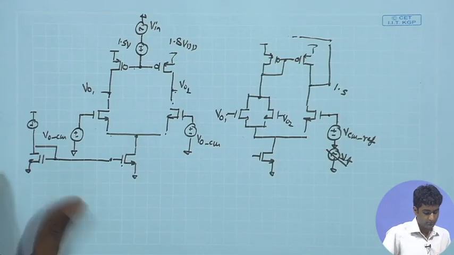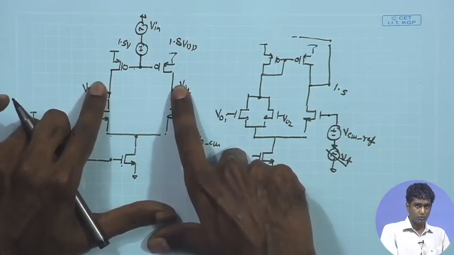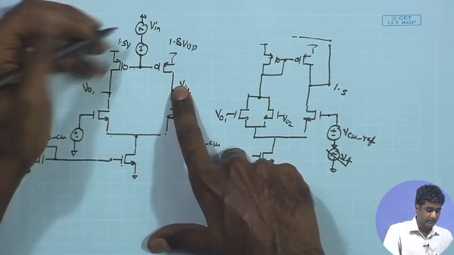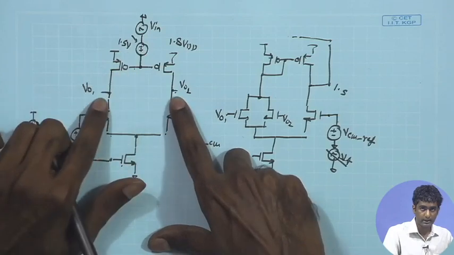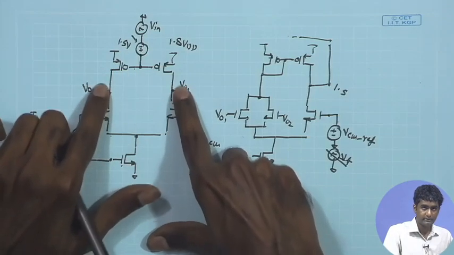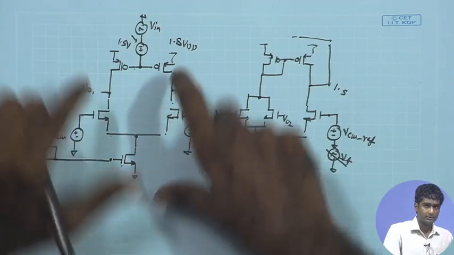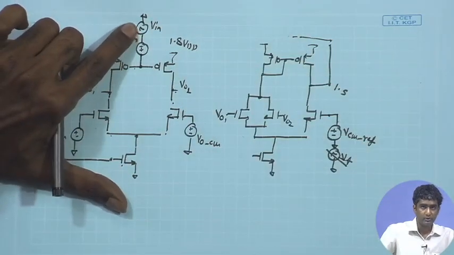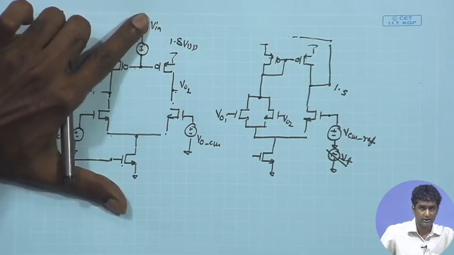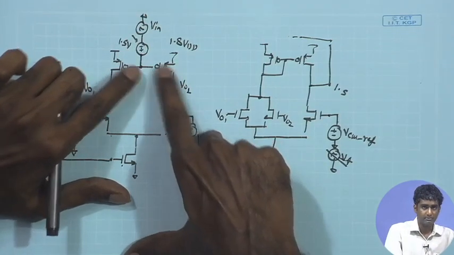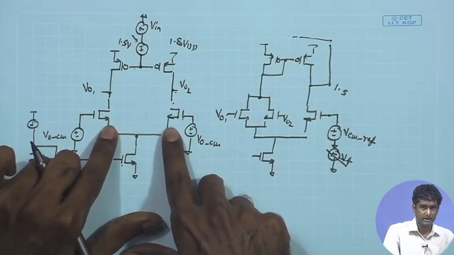And one point to note is that this is a high impedance node, and therefore, even a small change in this DC voltage of 1.5 volt can result in a significant change in the DC bias over here. If you look at the input point over here with respect to this particular DC plus AC combination, this is acting like a common source amplifier with the input as the PMOS, and these are just acting like the load device.